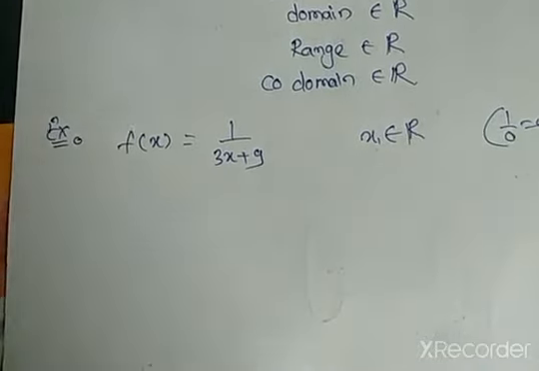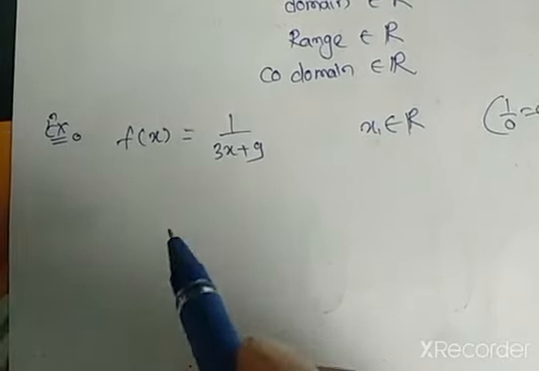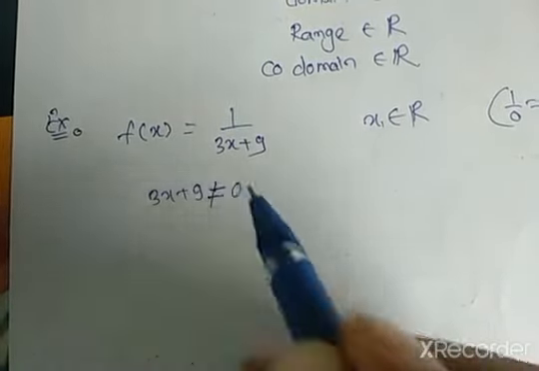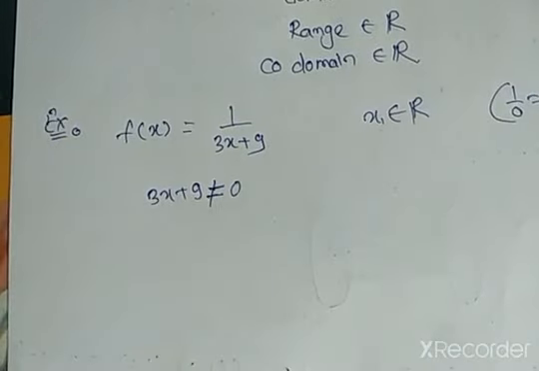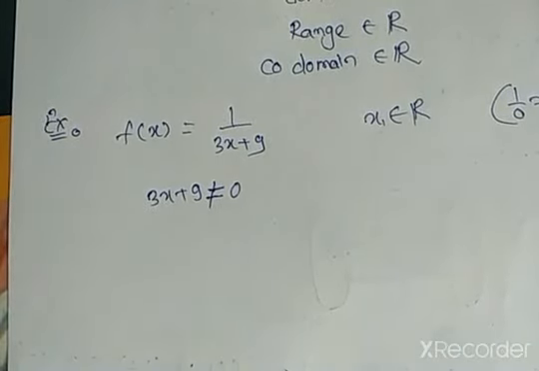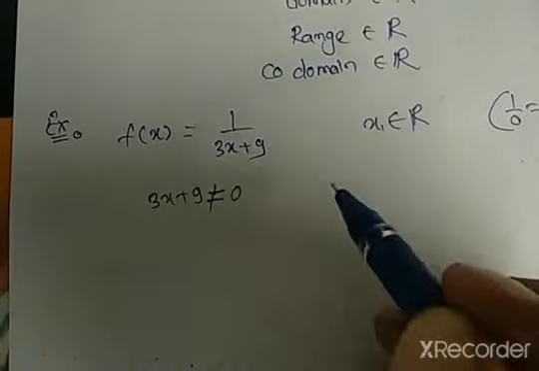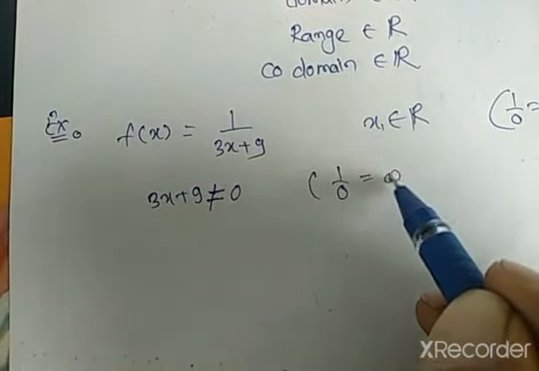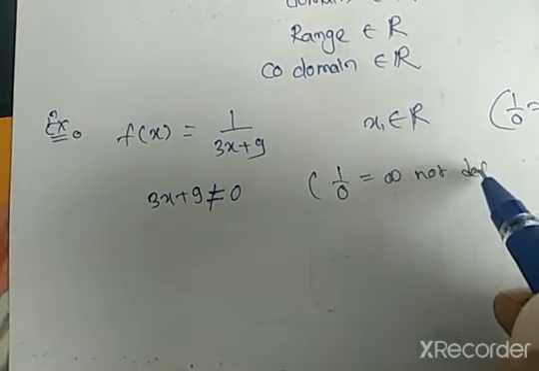So in this example we have to check that 3x plus 9 is not equal to 0, so that 1 upon 0, infinity, is not defined.